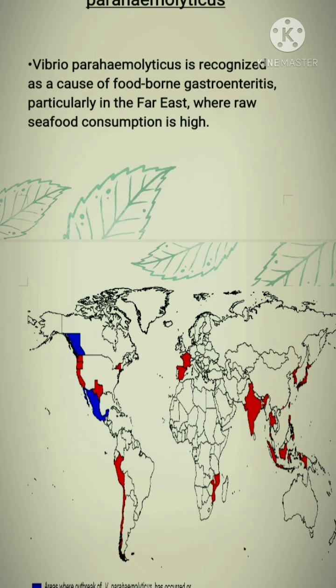The red map areas are countries where the pandemic parahaemolyticus clone has spread. As you can see, the Philippines has a red area, so the Philippines has a clone of Vibrio parahaemolyticus that has spread.